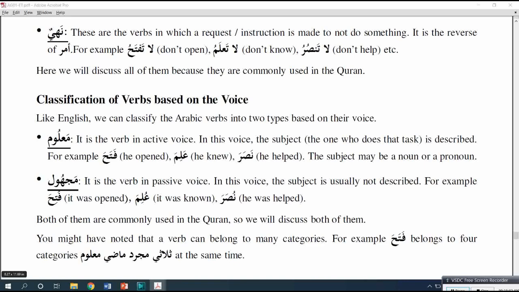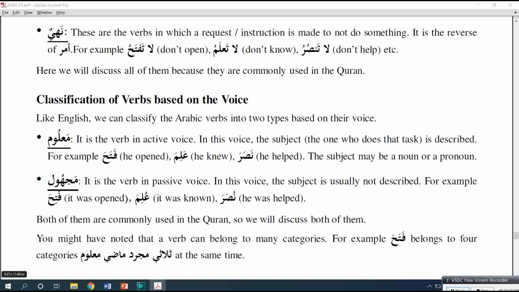You might have noted that a verb can belong to many categories. For example, fataha belongs to 4 categories: mujarrad, thulathi mujarrad, madi, ma'lum. At the same time, this word fataha has different types. Fataha, he opened. Futiha, it was opened.